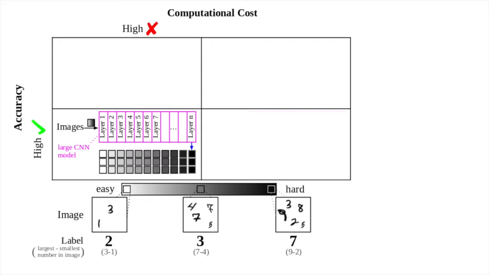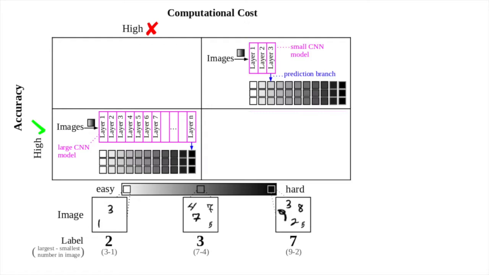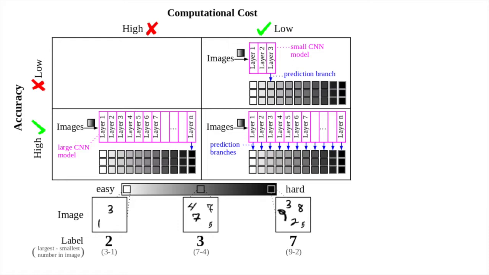So it may achieve good accuracy, but the computational cost can be very high. So what if we use a small CNN? The computational cost can be reduced, but the accuracy can be largely sacrificed because the architecture of a small CNN is too simple to fit the hard samples. So that's why we need a multi-branch network.